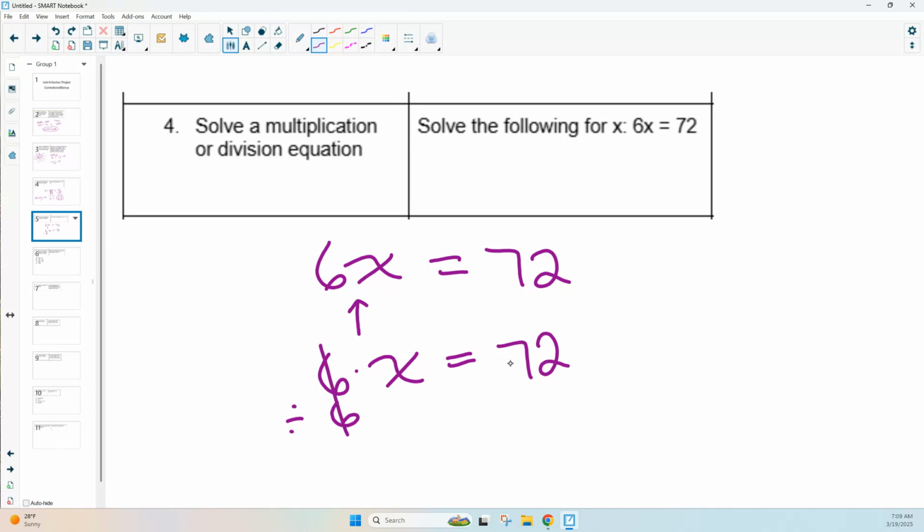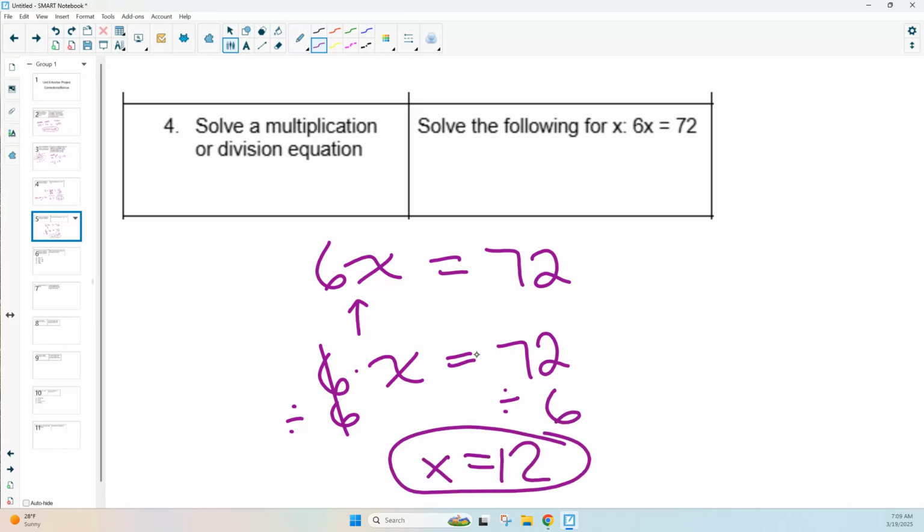Division undoes multiplication. 72 divided by 6, x would equal 12. As always, plug it back in to make sure that it is a true statement. Does 6 times 12 equal 72? It does. All right, let's keep going.